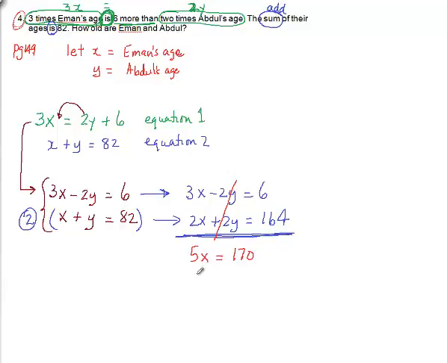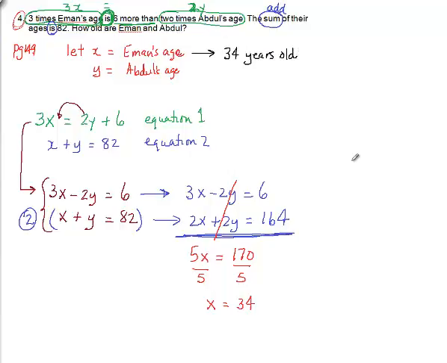Now dividing each side by 5 to finish this problem, I get 170 divided by 5, which is 34. So whoever x is, is 34 years of age. Let's have a look. That would be Iman. So Iman's age is 34 years old.